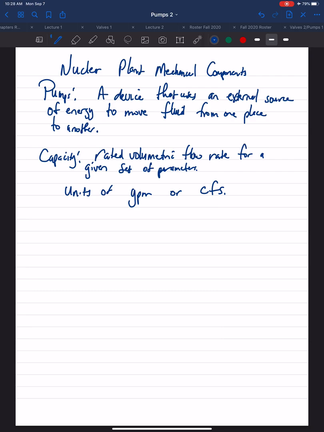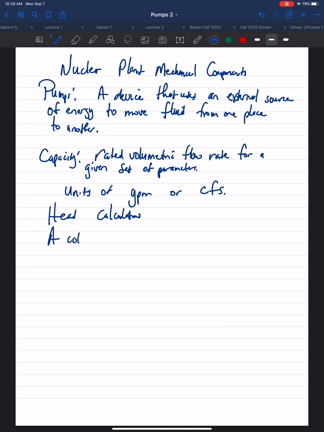So then we started getting into head calculations, which required us to talk about pressure and pressure head and how to calculate columns of pressure, things of that nature. So let's bring that back to the front.